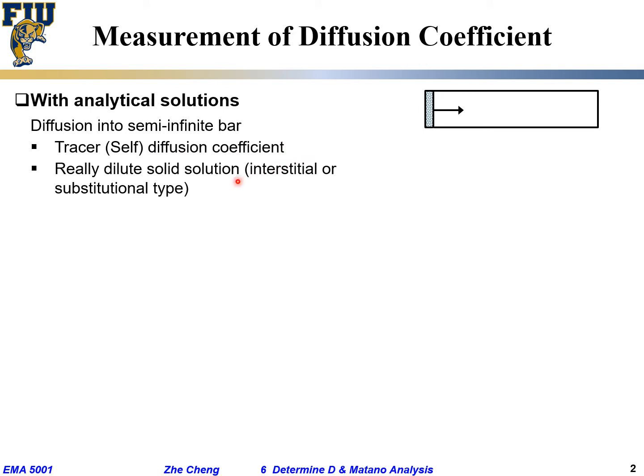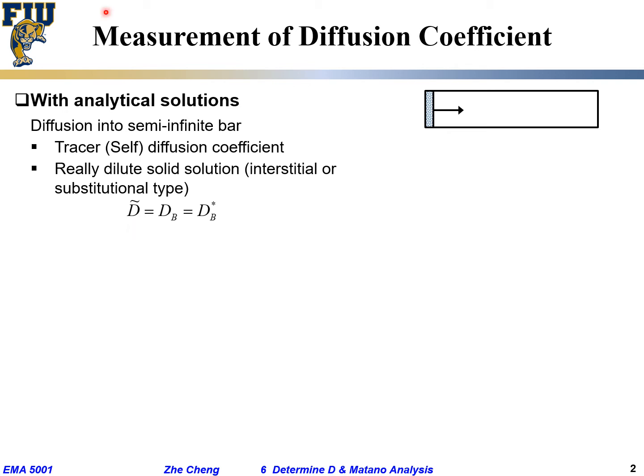And typically we are talking about a dilute solution, which is either interstitial or substitutional, where the system interdiffusion coefficient would be the same as the intrinsic one for the solute, the really dilute one, right?